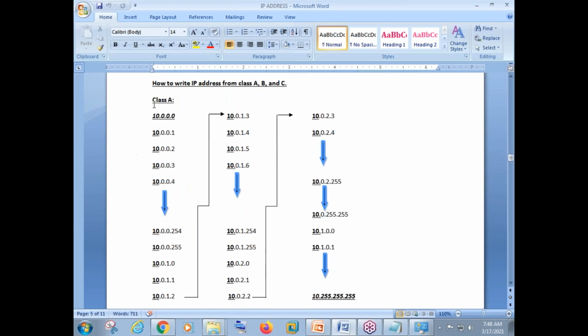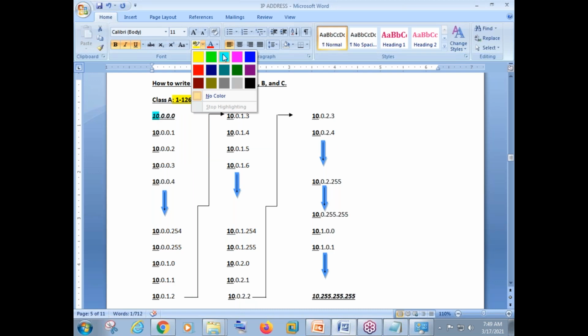See, this is a class A example. We can see the number 10 here, 10.0.0.0. So out of this range, what is the range of class A? 1 to 126. From this range 1 to 126, I'm using the number 10 here. So 10 is acting as a network.